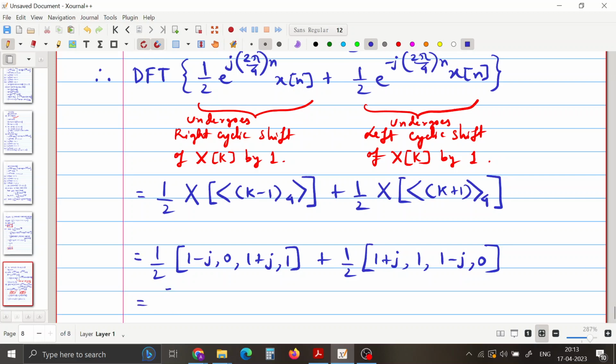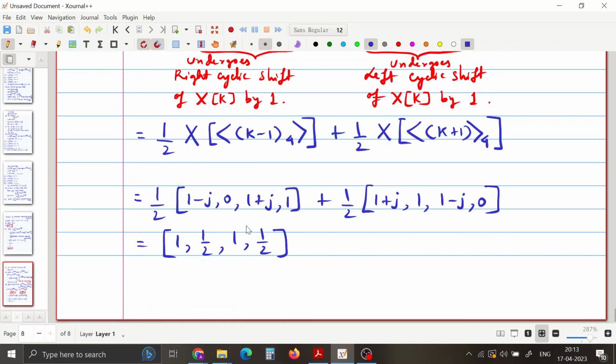On adding them together you will get 1, half, 1, half. Just verify. Okay, so that's it.